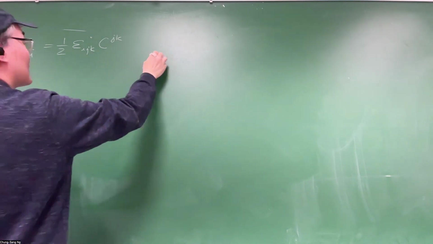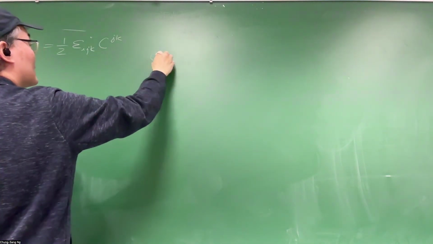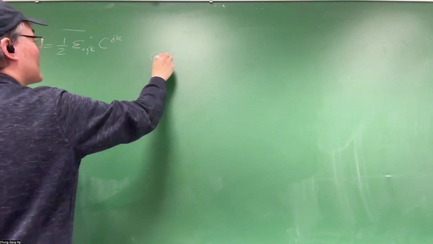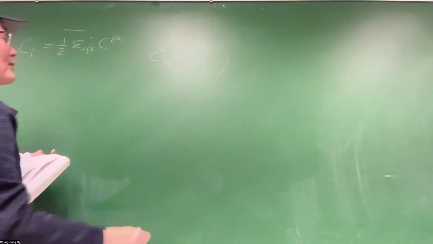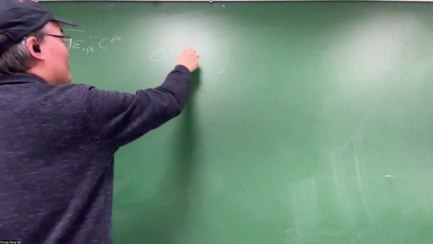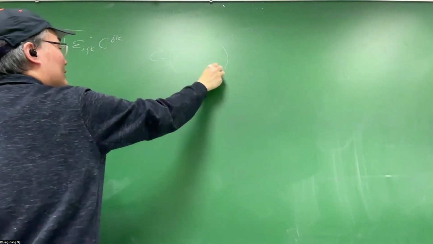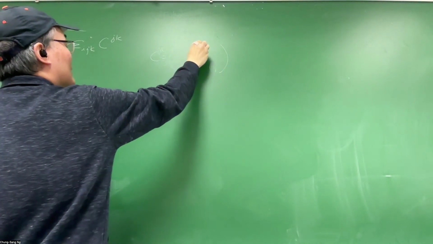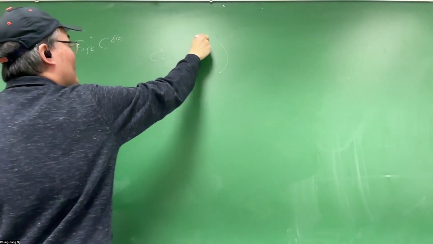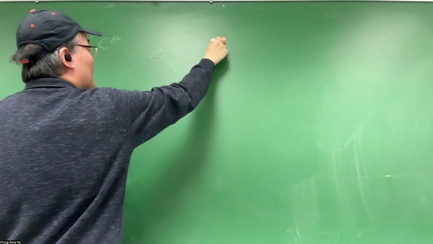In three-dimensional space, the matrix C_jk is just a 3x3 matrix, but because it's anti-symmetric, it has 0 elements on the diagonal. This is C_12, this is C_13.